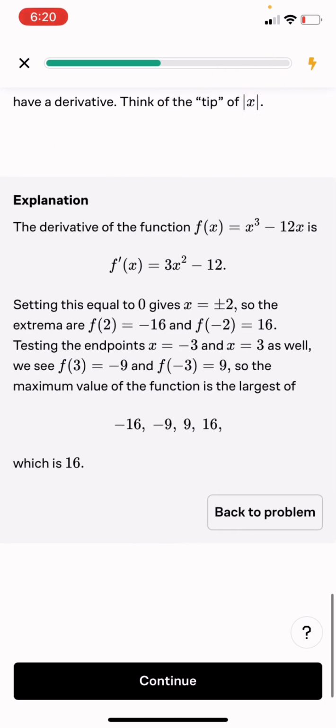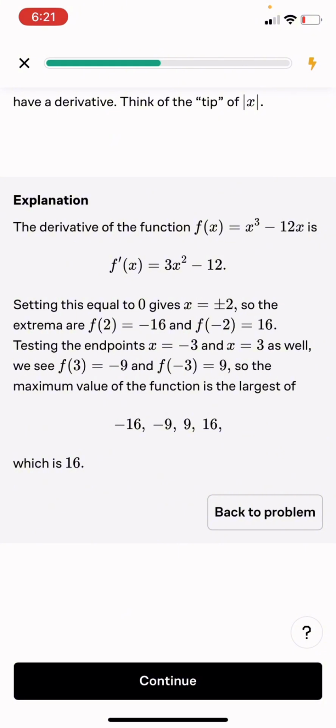The derivative of the function f of x equals x to the third power minus 12x is f prime of x equals 3x to the second power minus 12. I like thinking of the Taylor series if you don't understand it, which you probably do if you're watching this. I don't understand it that great, but what I do is that it looks kind of like elimination.